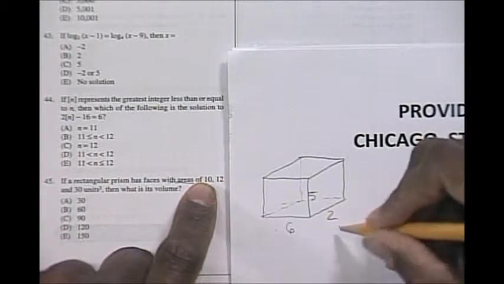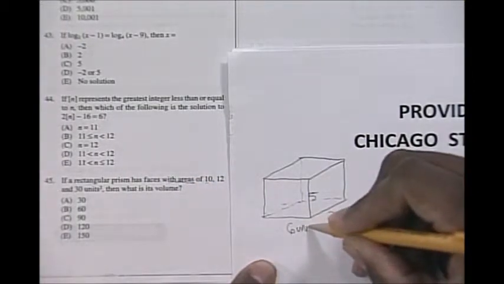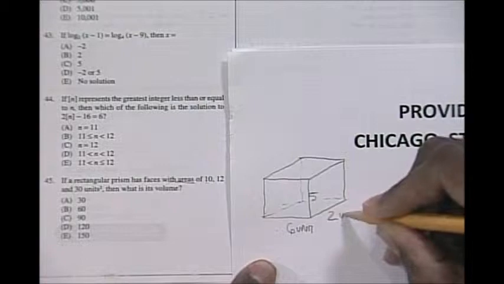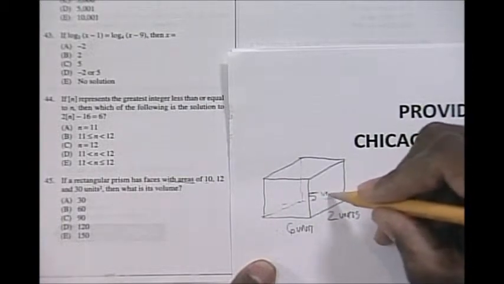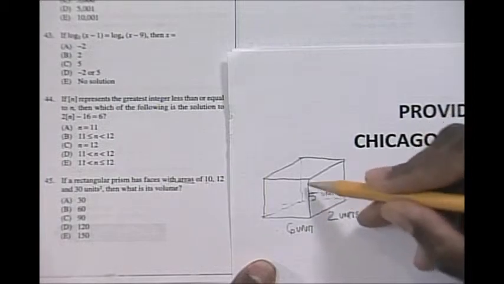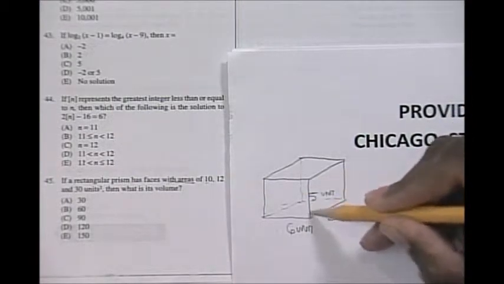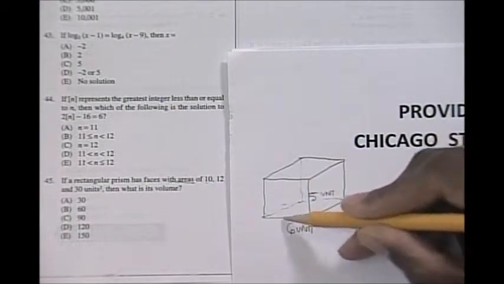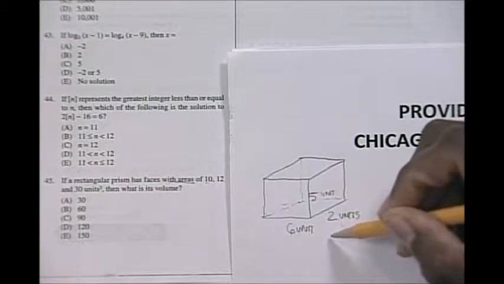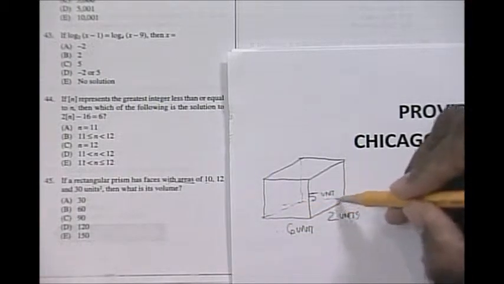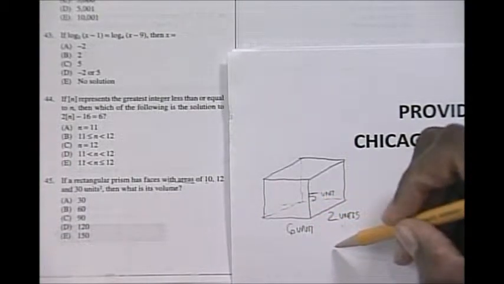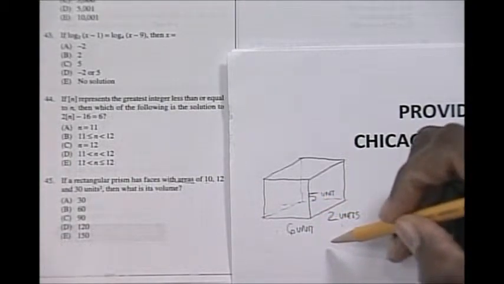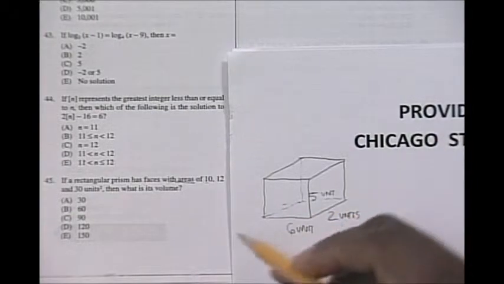So maybe that distance is 6 units, 6 units, 2 units, 2 units, and then 5 units. That way, this area is 10, this area is 30, and then you've got another face, that bottom surface, that would have an area of 12. So you would satisfy the problem.